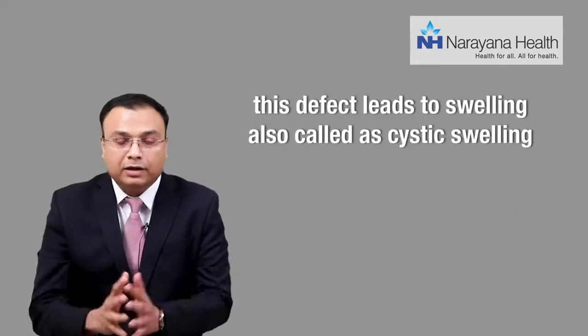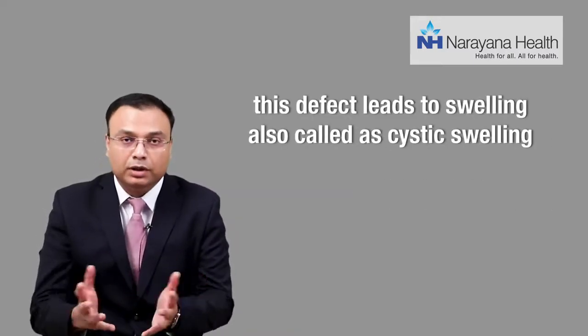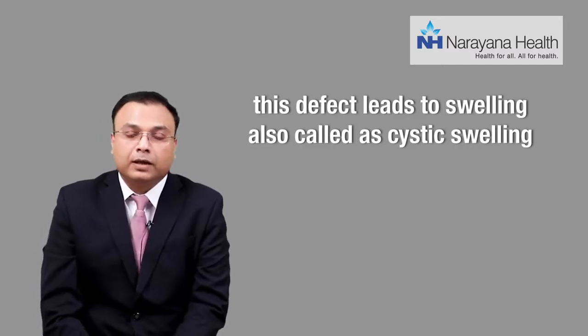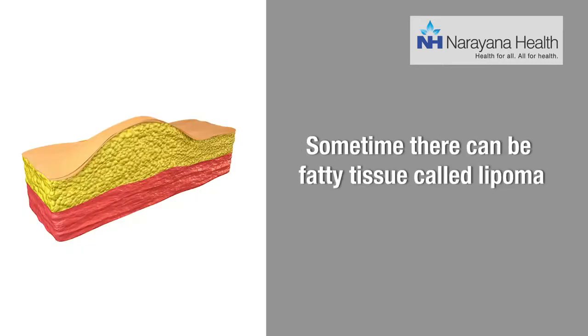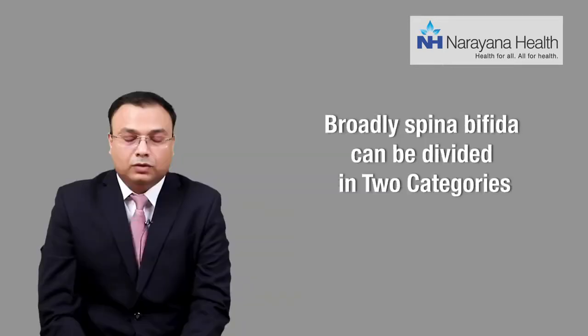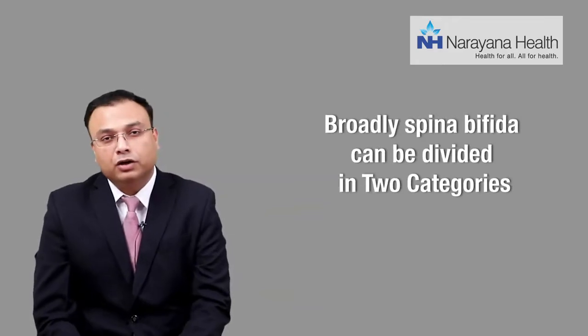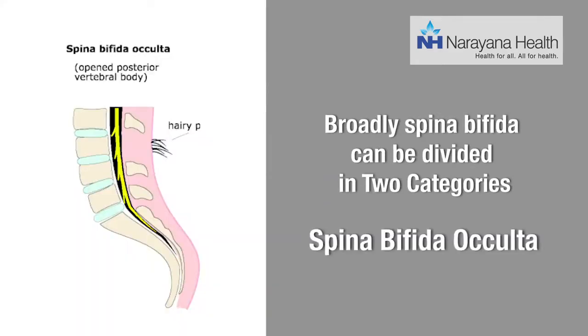And this defect leads to a swelling which is called a cystic swelling or meningocele, myelocele, and sometimes there can be fatty tissues in it, and it is called a lipoma. So broadly, spina bifida can be divided into two categories. One is called spina bifida occulta, which means it is occult or hidden, which means that the defect you cannot see from outside, and there is a covering of skin or fatty tissue over the defect.